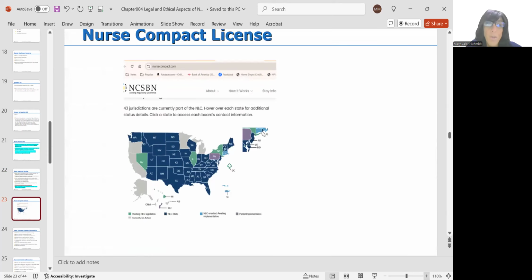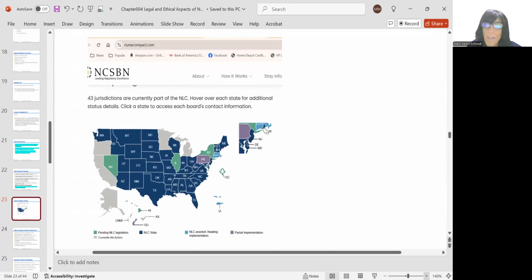And right now there are 43 states that are part of the Nurse Licensure Compact Act. The only ones that aren't currently participating: California is not participating, Montana is not participating, Hawaii, Alaska, no. Some states are in the middle of implementation legislation.